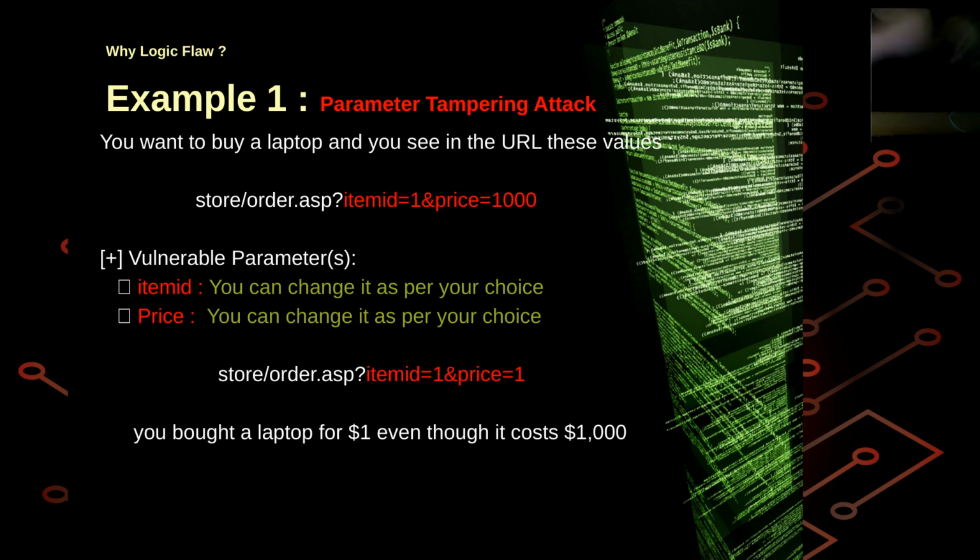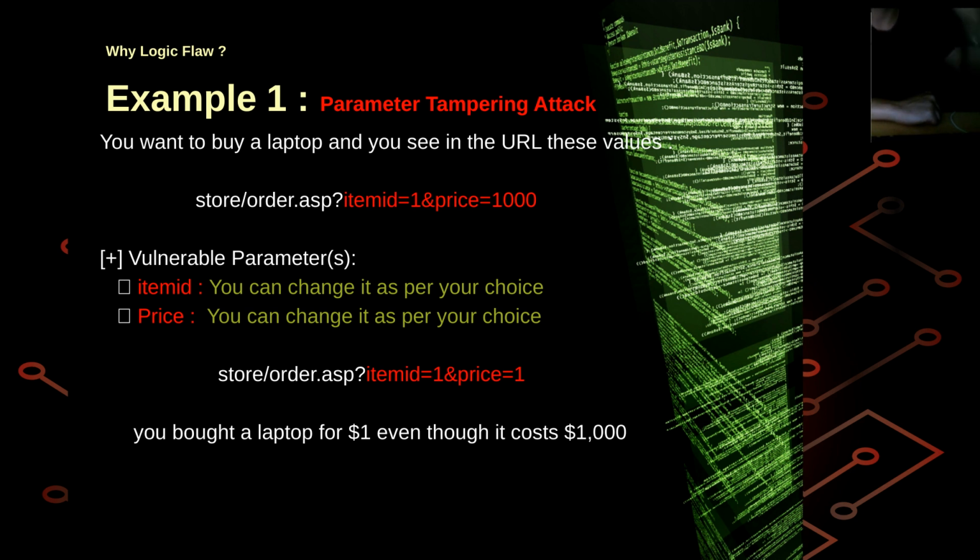So if we make some changes to the price, for example changing the price of the item from 100 to 1, and send our request, we see that we buy a laptop for $1, even though it costs 100.